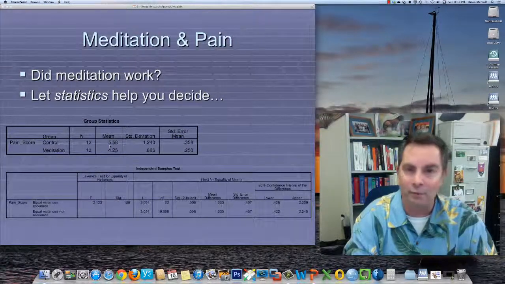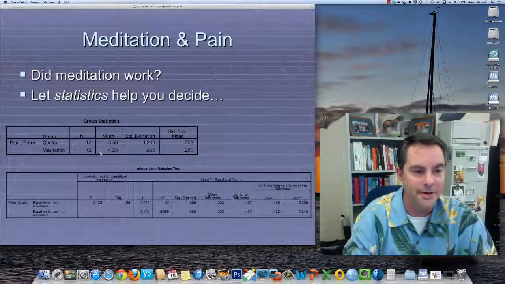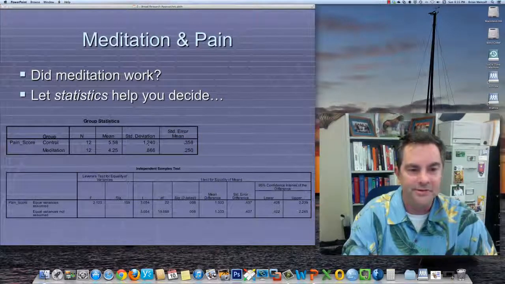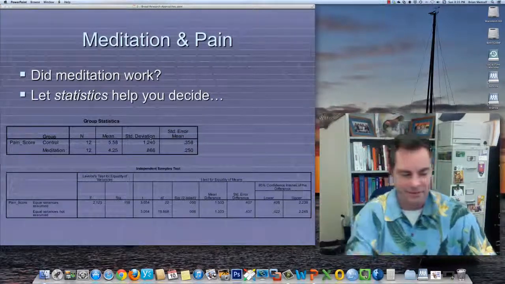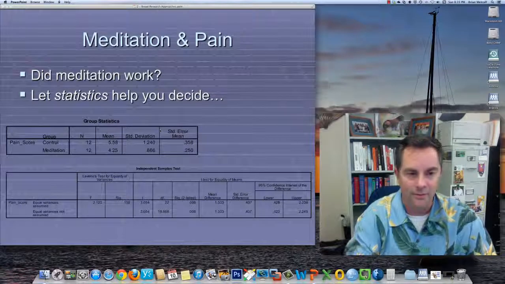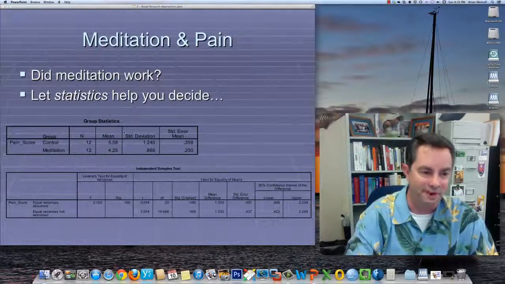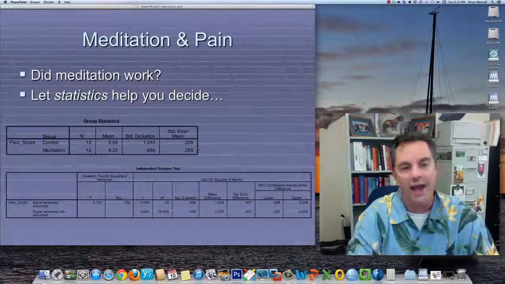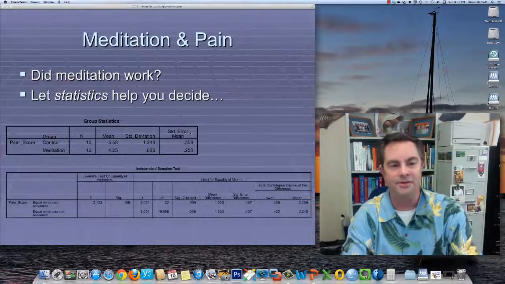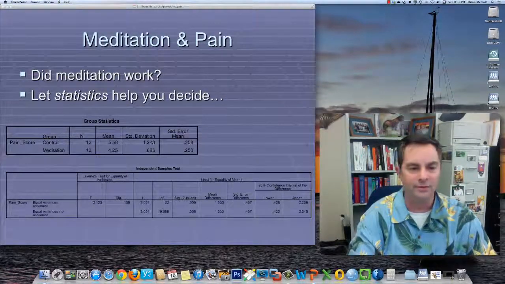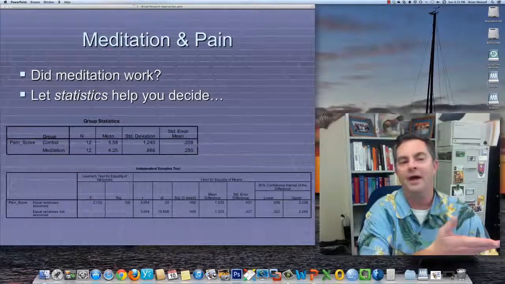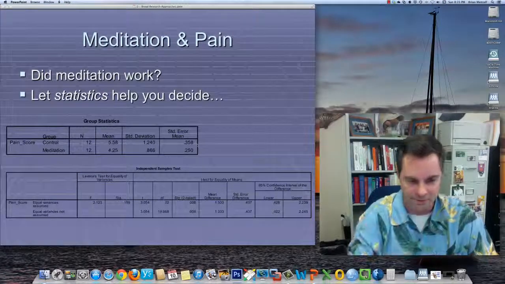It looked like it was about 4.25 for the meditation group. There are the standard deviations, and that's another descriptive statistic we're about to cover, and it's a measure of the variability within the group. And I already mentioned the standard error. These are the standard errors of the means. Those two are very related. They're two measures of how much variability is in the two groups. Okay?